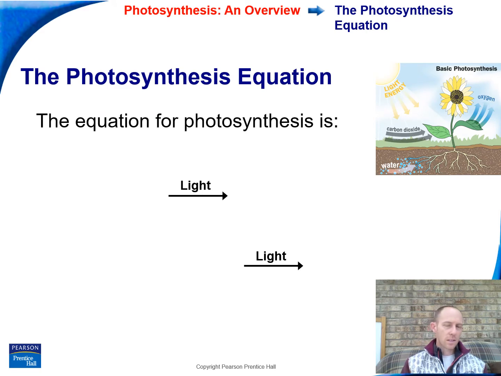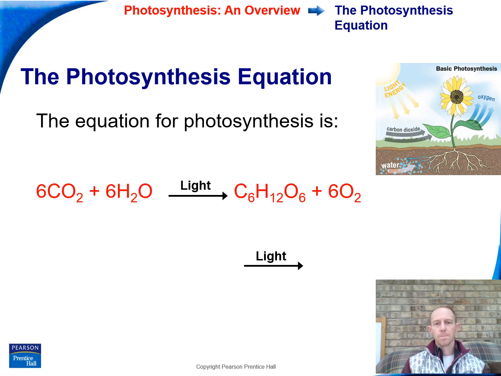Okay, so number three, let's talk about how to think about photosynthesis as an equation. We have reactants on the left, we have products on the right. Two things react to make something else, the product. We'll look at the reactants and products separately in a minute. First, let's talk about the overall equation. We have a balanced equation, chemistry style, where we can count the number of carbons, oxygens, and hydrogens.